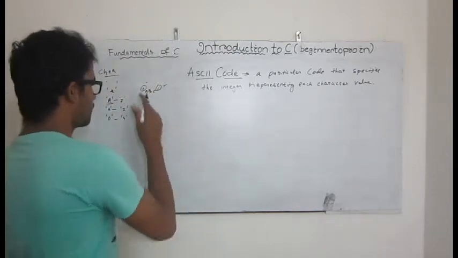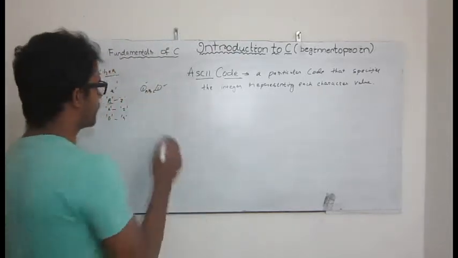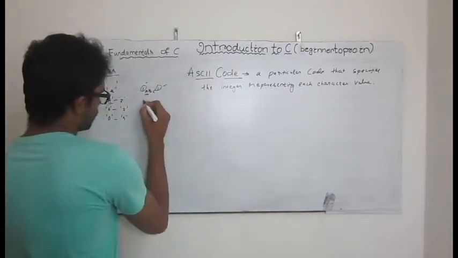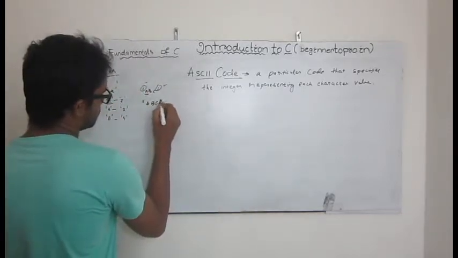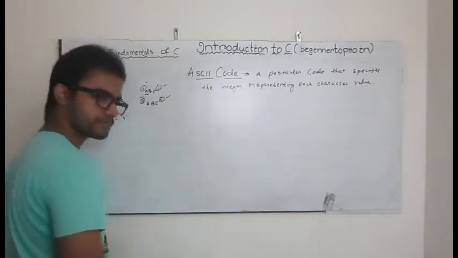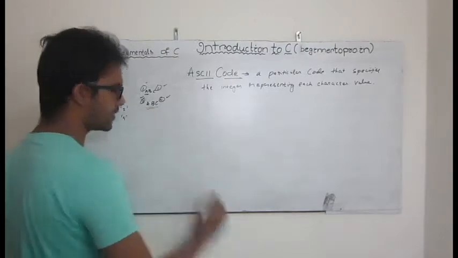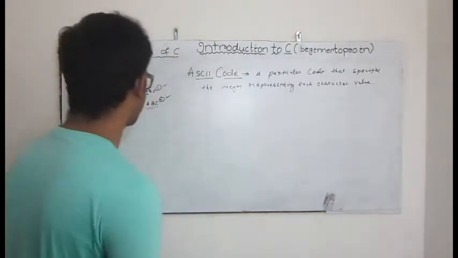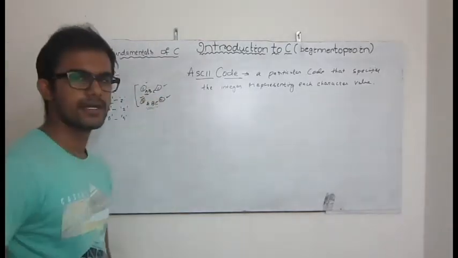If you write like this also, it will only print the first letter, that is A. And the string is this. The string will come under the double quotes, and it will print all the letters inside those double quotes. That is the main difference between a character and a string.